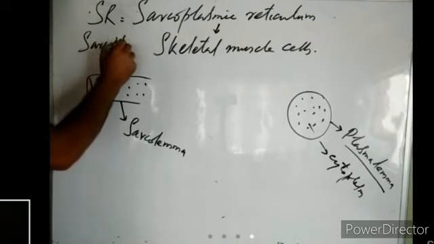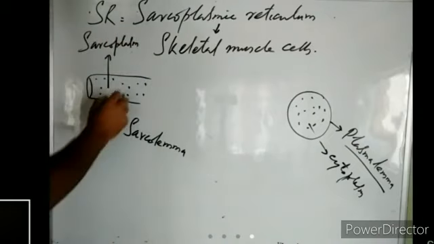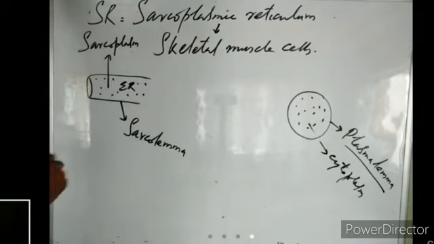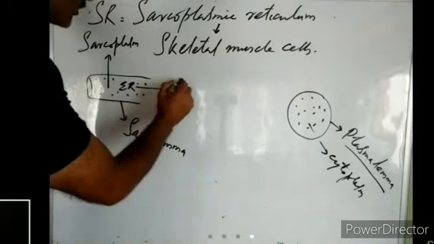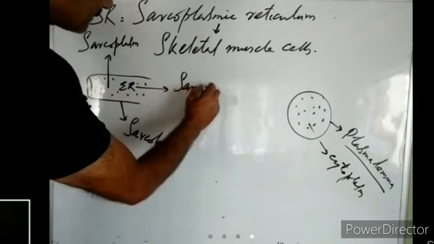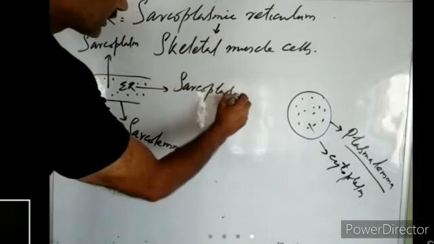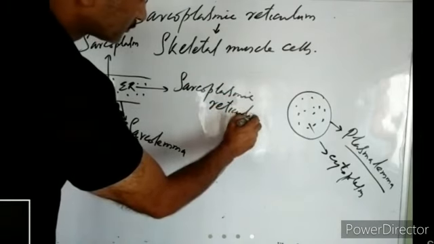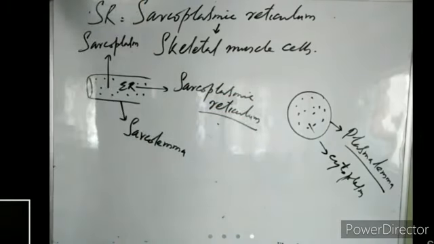Similarly, endoplasmic reticulum of a muscle cell is known as sarcoplasmic reticulum. So sarcoplasmic reticulum is the endoplasmic reticulum which we find in the muscle cell.